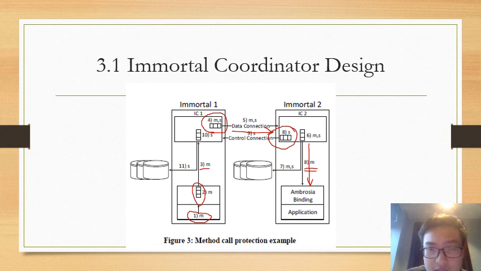After the sequence number is sent back to Immortal Coordinator 1, it will flush the sequence numbers and write the log into disk, as shown in step 10 and step 11. So this is a full example of a method call in Ambrosia.